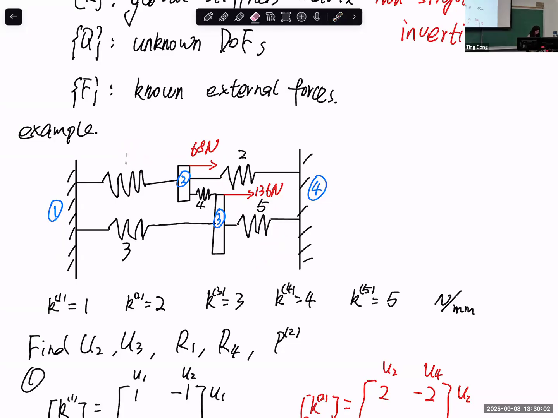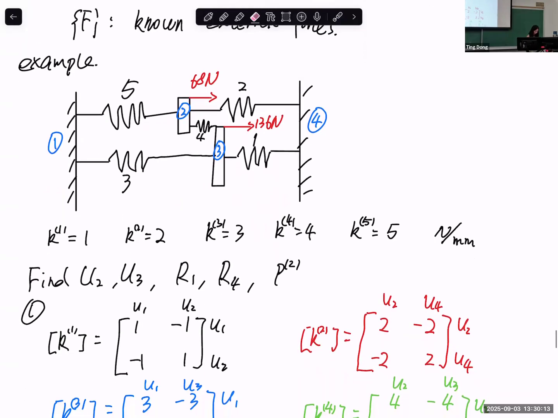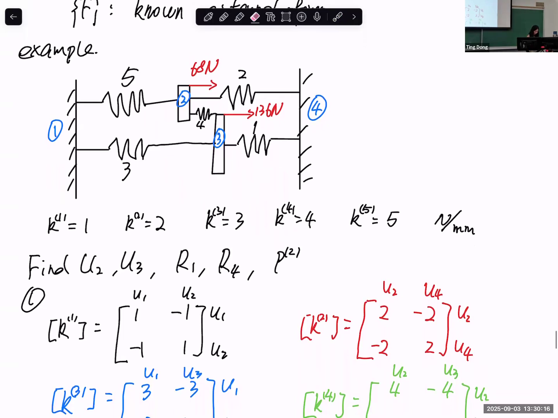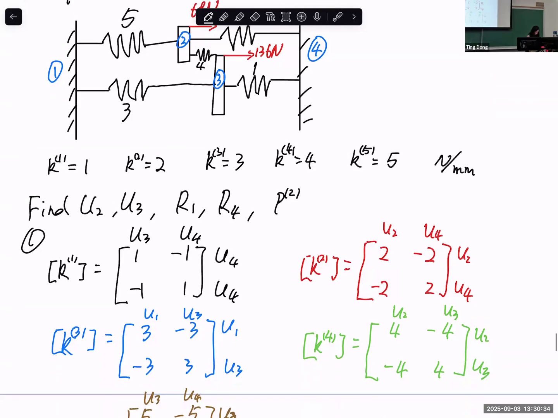What if we have this as 5, right? And this as 1. It doesn't make anything different. So let me calculate for you. Now our element 1 is here, and K is still equal to 1. The thing that changes is that I need to change this one, this one, and this one. Now our element 1 extends to node 3 and node 4, right? So U3, U4, U3, U4.